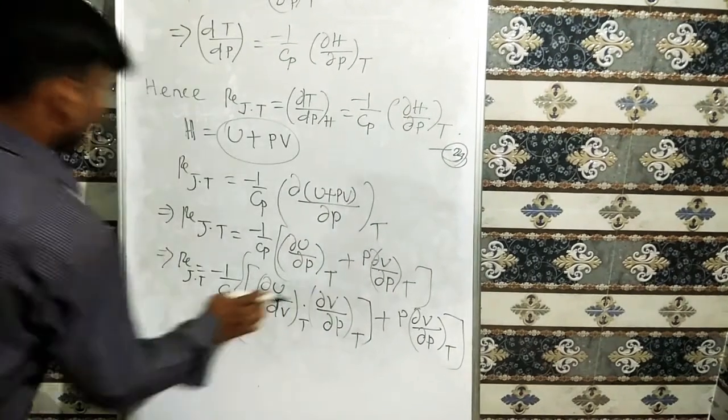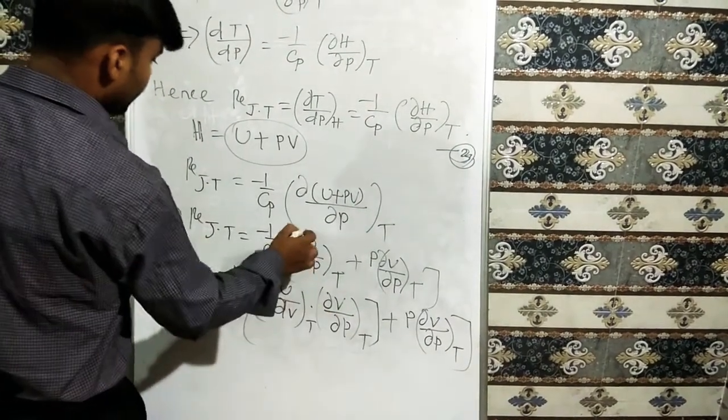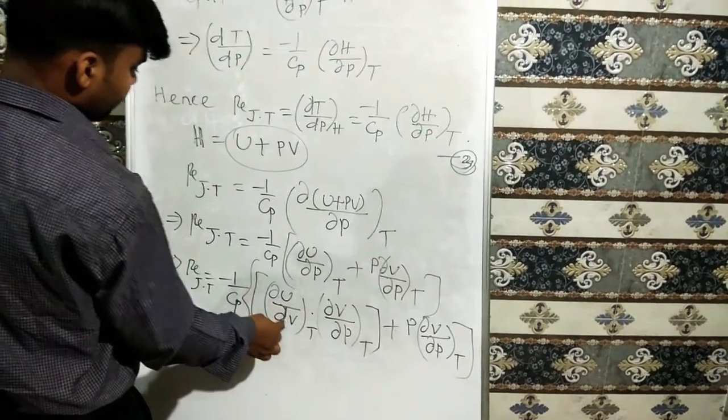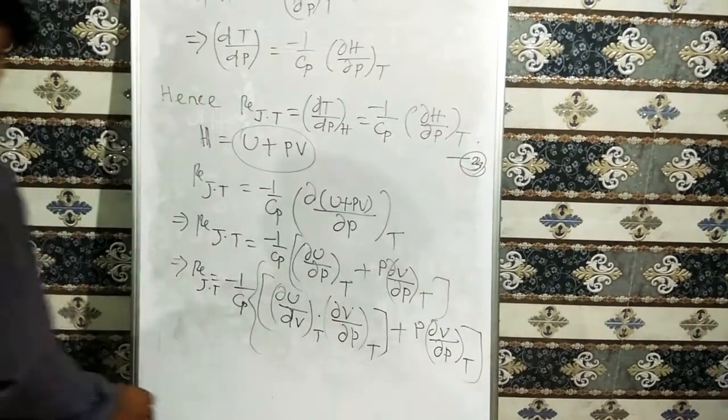Right, del V can cancel, so that we can write del U by del P at constant T as del U by del V at constant T into del V by del P at constant T.